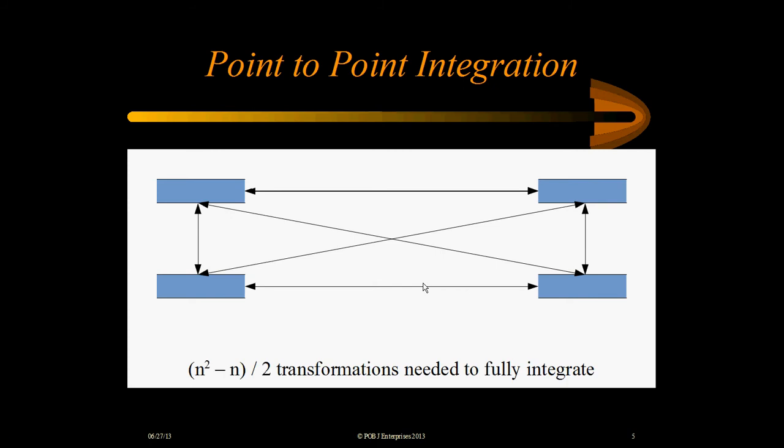Now the actual number is determined by the number of interfaces. So here we can see it's n squared minus n, divided by 2 transformations in order to fully integrate, to have it set up where one interface in the mix can talk to all other interfaces.